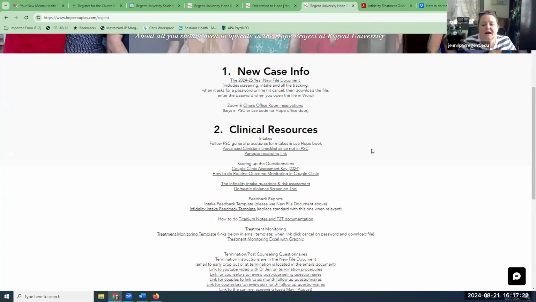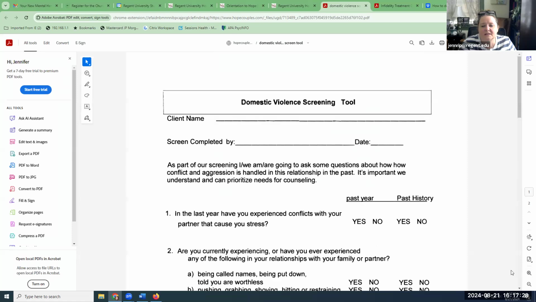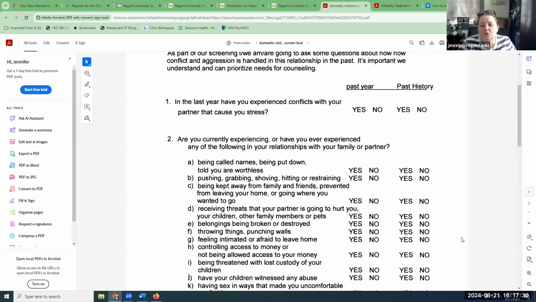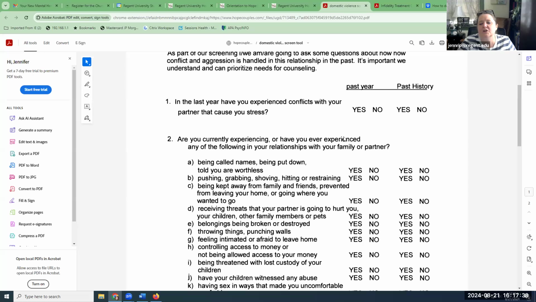And then the other one is a domestic violence screening tool that we use. This one is probably best to give to them, but you could very easily do this as a verbal interview, asking yes or no, has this happened in the past year or prior to that? We're more concerned, obviously, if these things are happening in the past year.